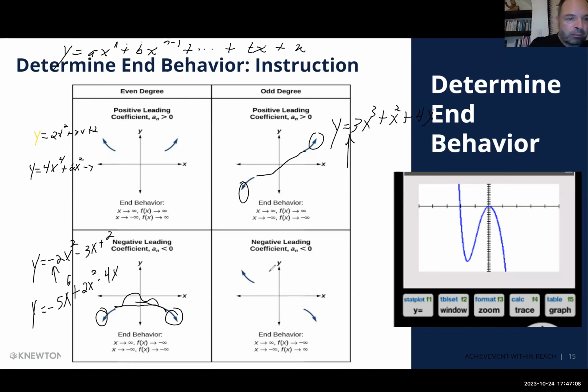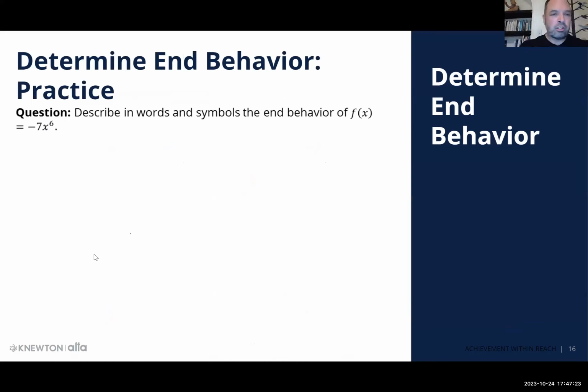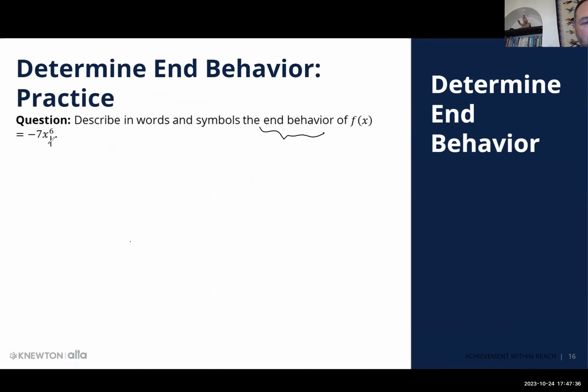So that's why we have in the next slide something that we're going to evaluate, which is this equation here. And there's enough information here to draw a conclusion about the end behavior, primarily because it has an even power.